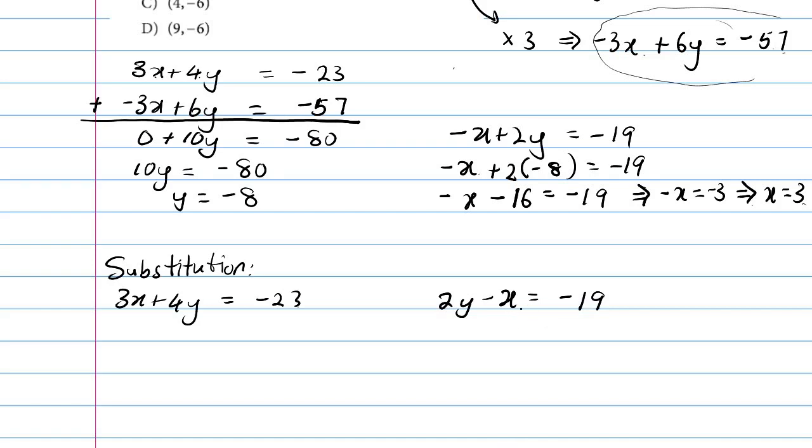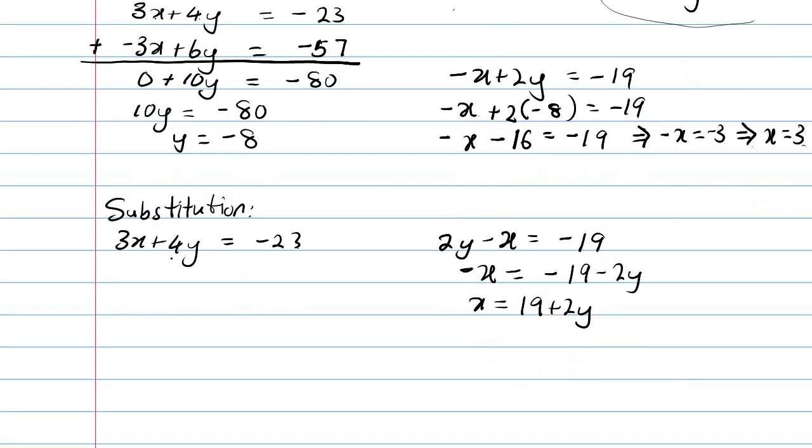That makes things easier, though it doesn't make anything different. So we just subtract 2y from both sides. You get negative x equals negative 19 minus 2y, and we just want x, so you remove the negatives from both sides, you get x equals 19 plus 2y. We know that x is equal to 19 plus 2y.